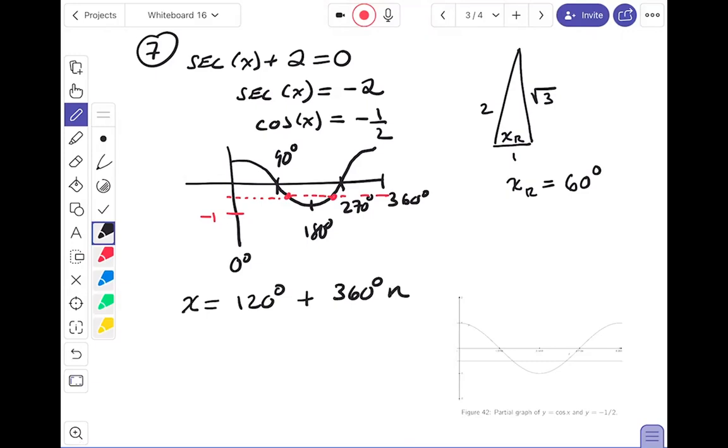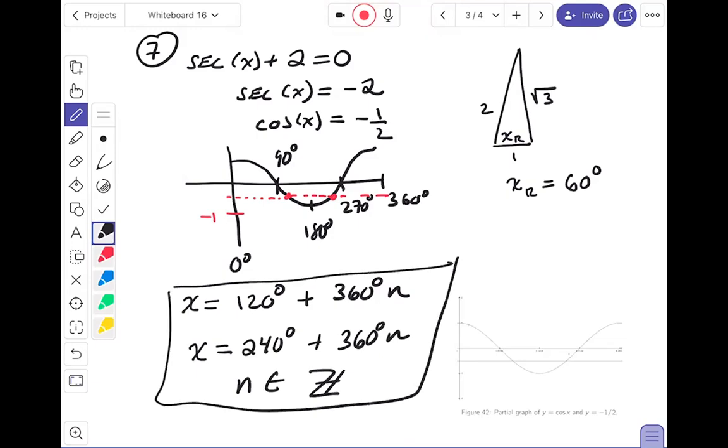Before I was using k, now I'm using n, where n is an integer. What's the next one going to be? The next one's going to be between 180 and 270. So I'm at 180 and I'm going to move forward 60 degrees, which would put me at 240 degrees plus 360 degrees n. Where the understanding is n is any integer at all.